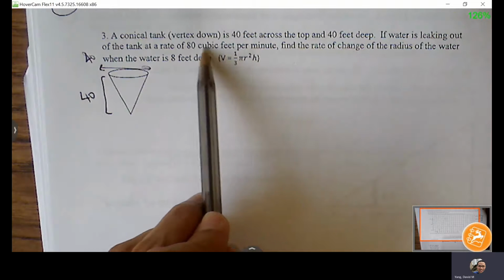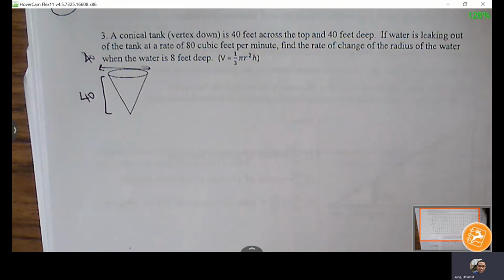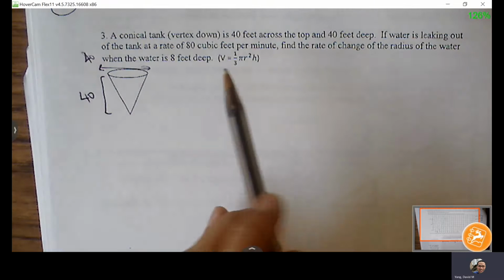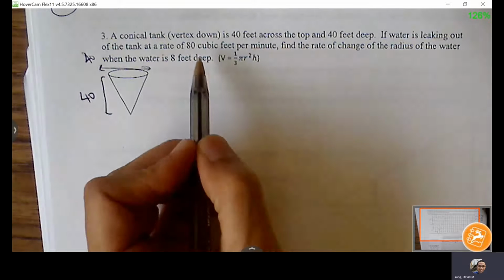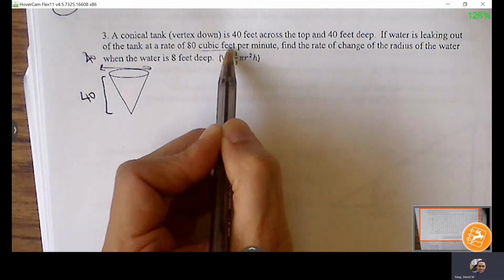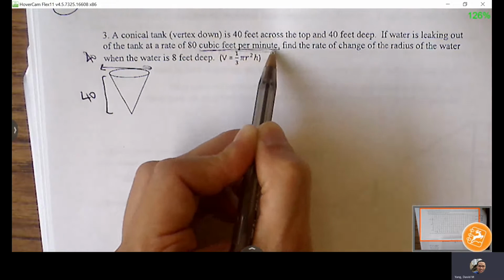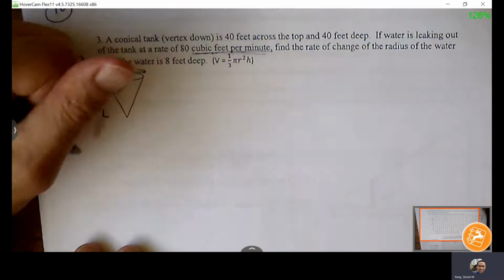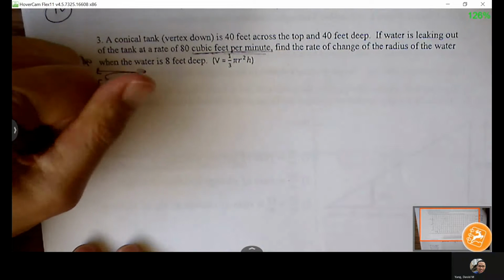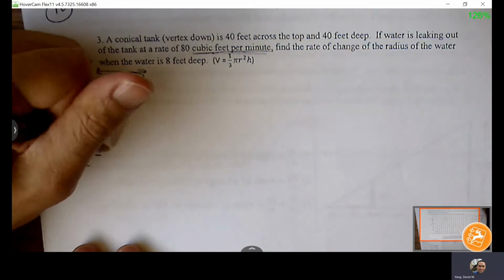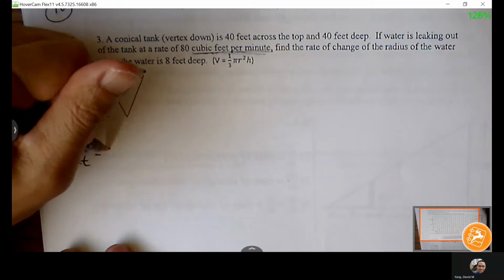What is that? Which variable is that? The height, or is it volume, dV over dt? Yeah, because the units of measure is going to give it away, right? Cubic feet per minute. Positive or negative? Negative. Yeah, leaking out.